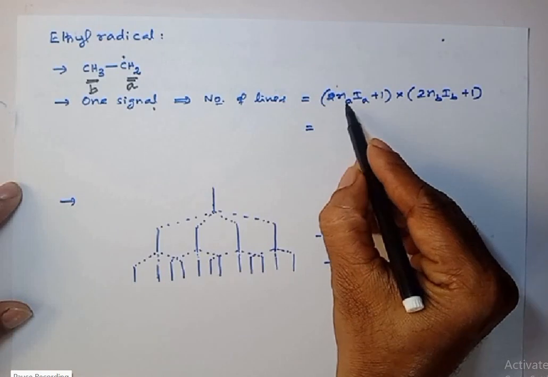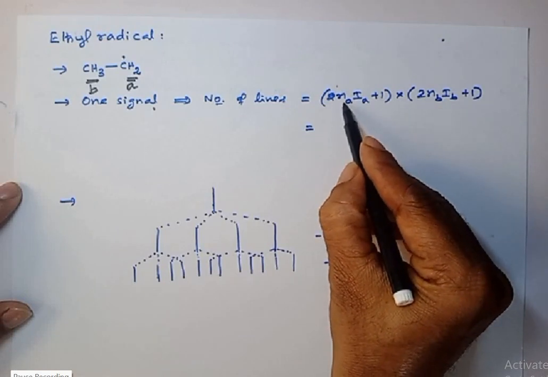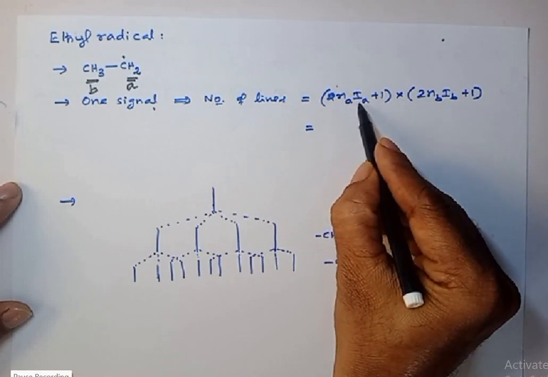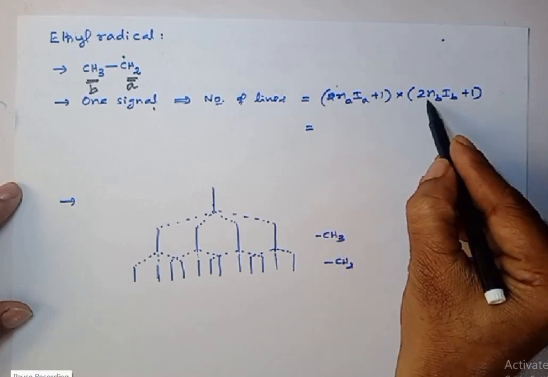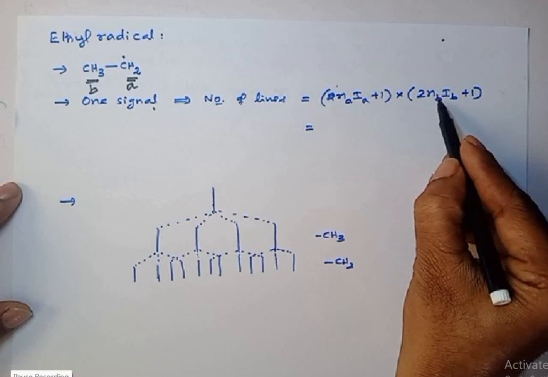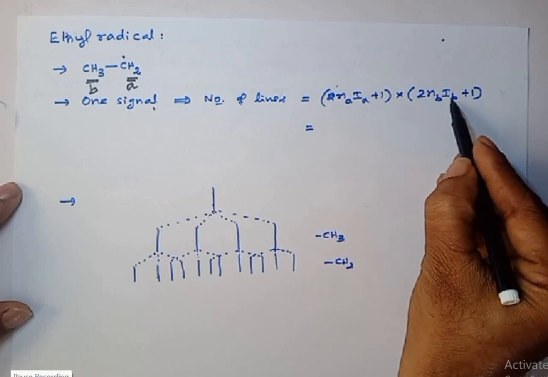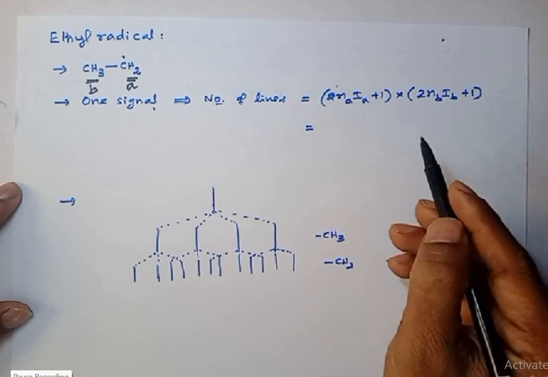Therefore, we have the formula: (2 times number of A protons times spin quantum number of A protons plus 1) times (2 times number of B protons times spin quantum number of B protons plus 1).